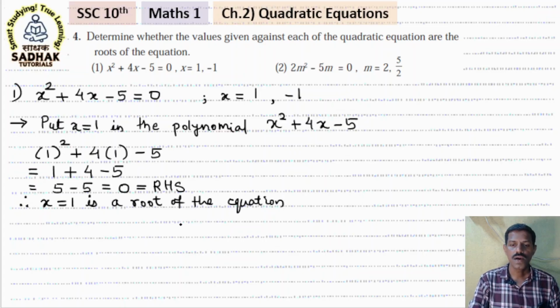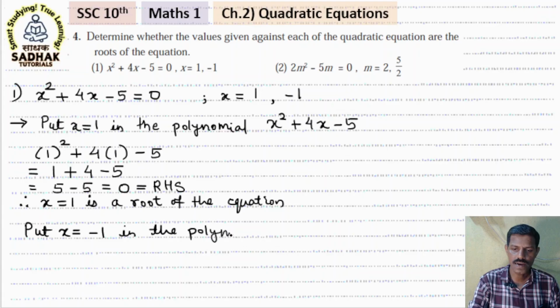Fine. Now let us check it for the second value of x that is given. So we will again put x is equal to minus 1 in the polynomial. The polynomial that is given, in that we have to put this value: x square plus 4x minus 5.